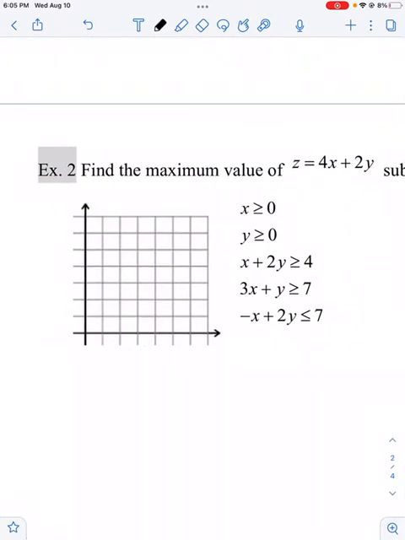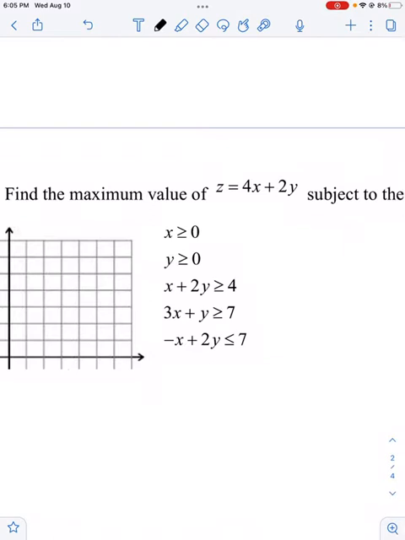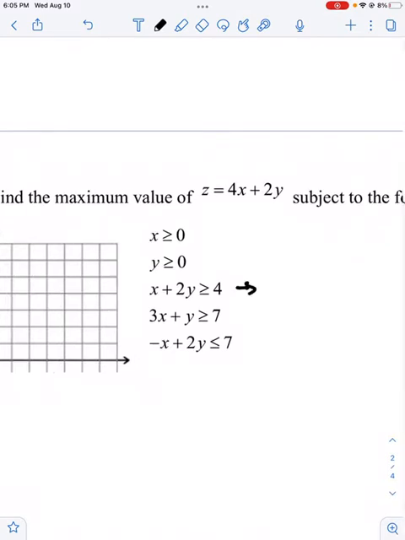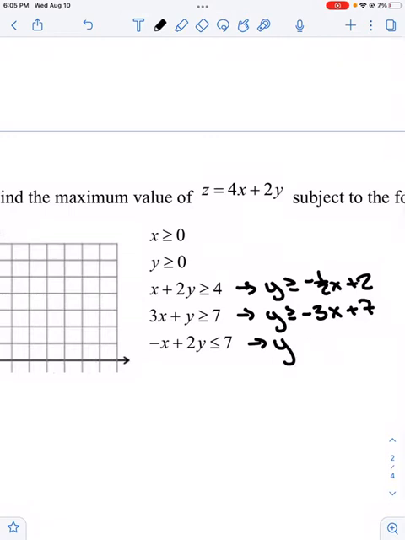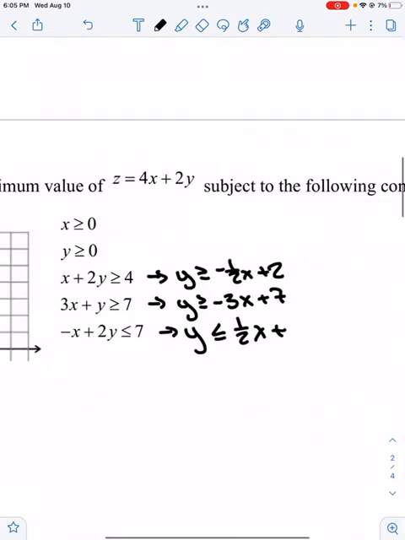Moving on to the next example. So I'm going to change these to y equals mx plus b form. Y is greater than or equal to negative 1/2 x plus 2. Y is greater than or equal to negative 3x plus 7. Y is less than or equal to 1/2 x plus 3.5.